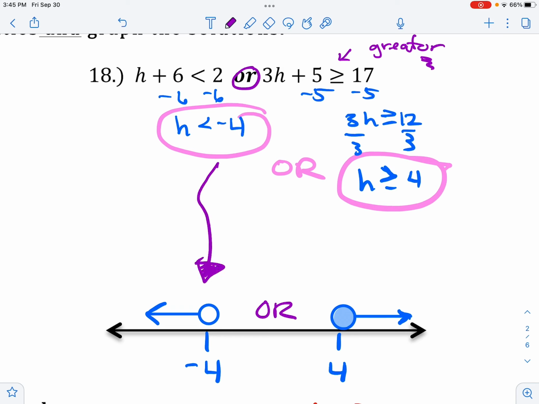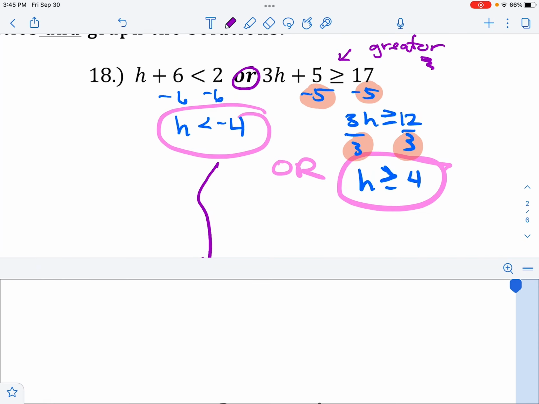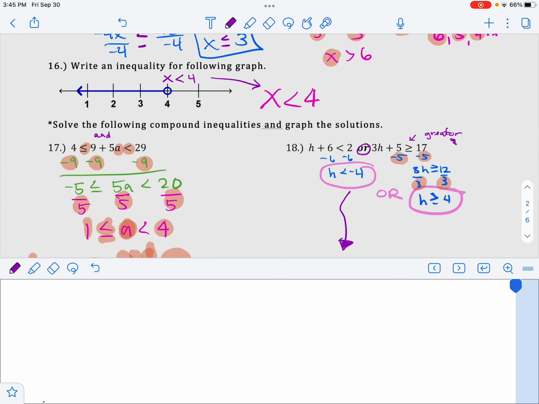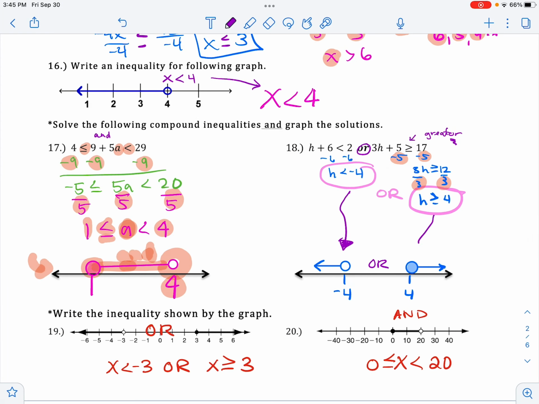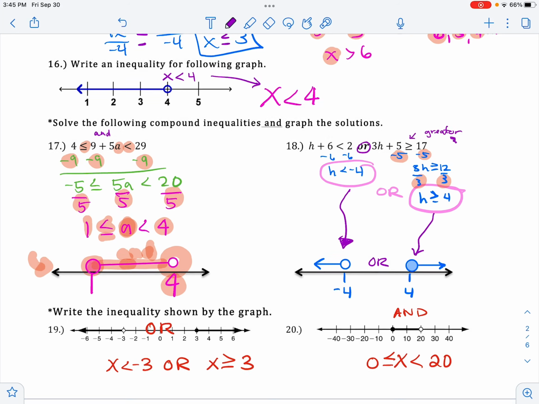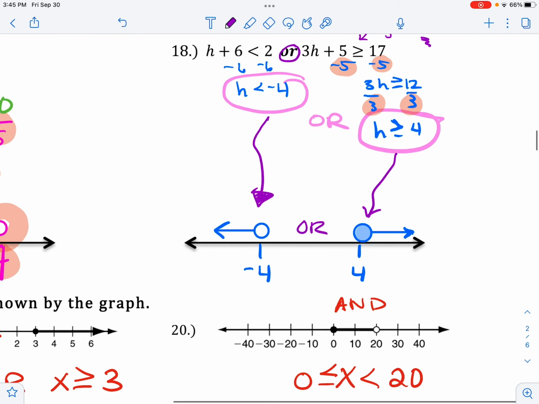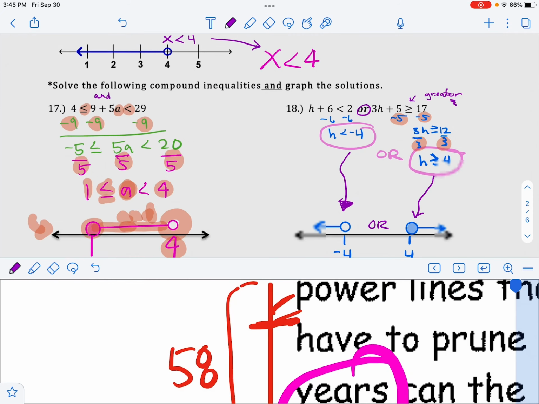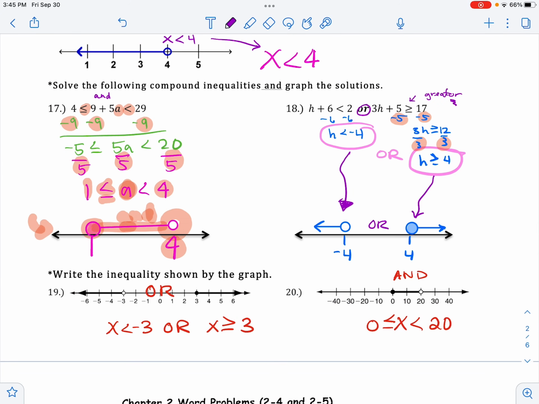And then on the other side, we subtract 5 and divide by 3, getting it's also equal to or greater than 4, right? They're going opposite directions, shaded in because it could be equal to.